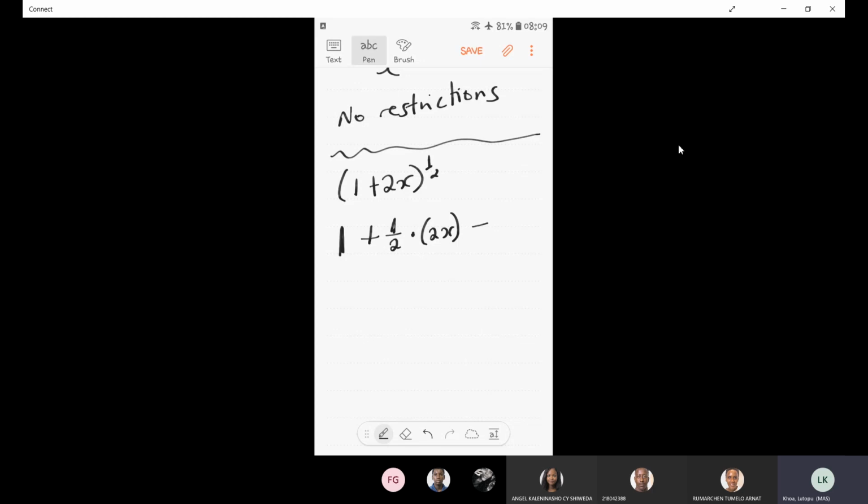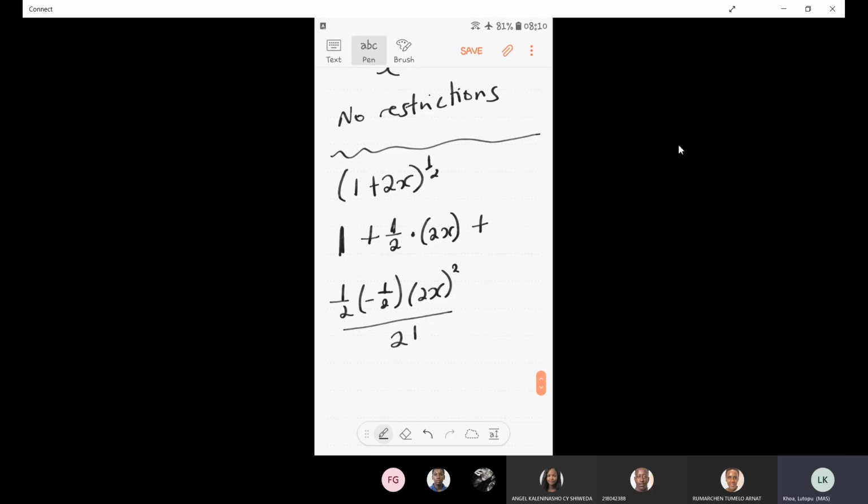And then the next one, we will have half times minus a half, so the power is coming down, and then I have 2x to the power of 2.